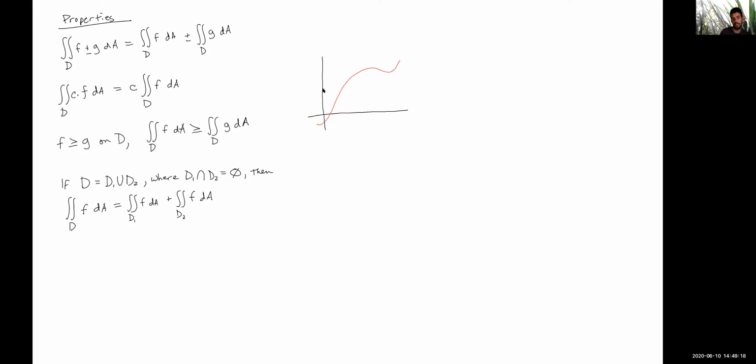Let's say we're integrating over this region between these two functions, except only where y is positive. So the place that we're integrating over would be this region. Let's say we're ending right here, right? So this is the region we're integrating over, this green region on the interior here.